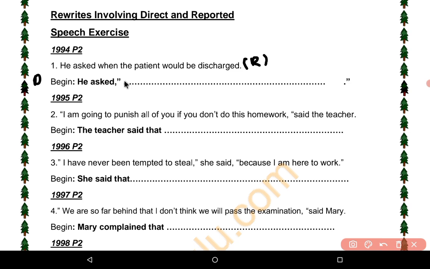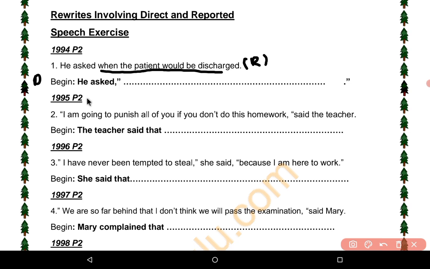Now, here it says he asked when the patient would be discharged. So now, when reporting, you are going to speak like you are the one who was asking. You should sound like you were the one that was asking. So that is what you are going to do in this case.